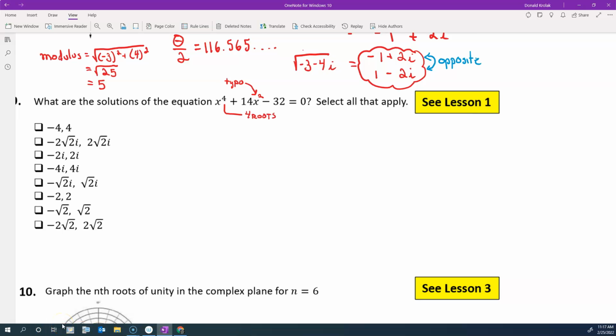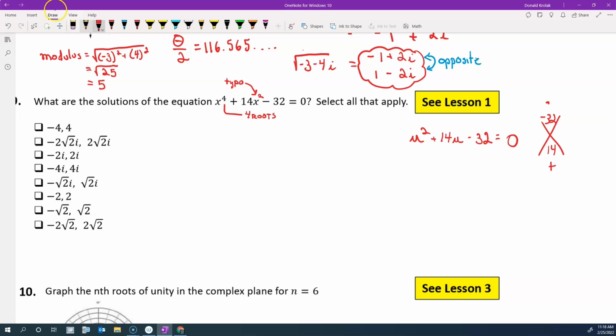All right, now this particular one kind of looks like a quadratic, okay? Because if it looked like this, u squared plus 14u minus 32, that's a quadratic, and I can factor that. That's something I'm used to doing. What two numbers multiply together to be negative 32, and at the same time add together to be 14?